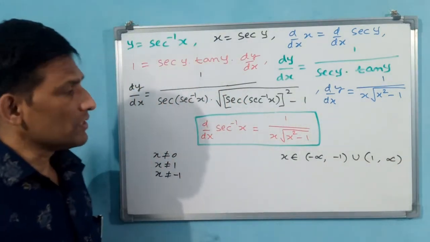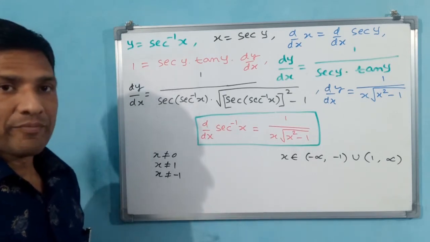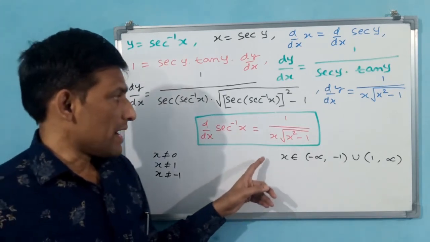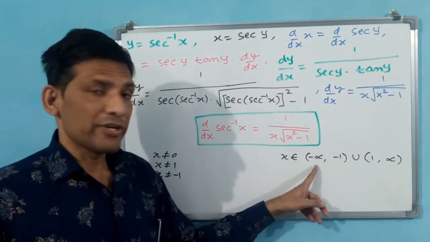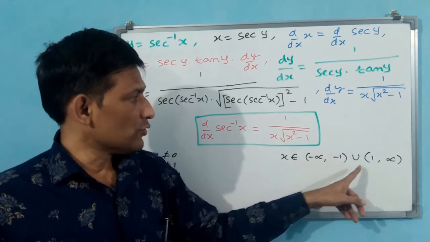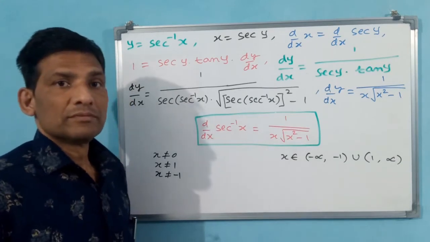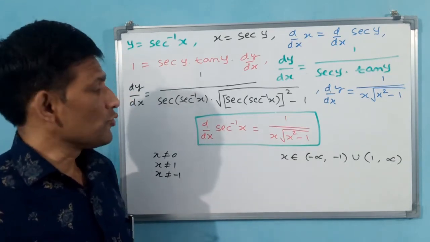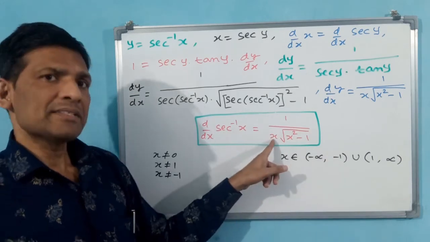Is it okay? First you see the domain. That means -infinity to -1 you can go, but -1 you should not give, -infinity you should not give. Okay. You may tell, sir, if minus is coming, so let us take minus.